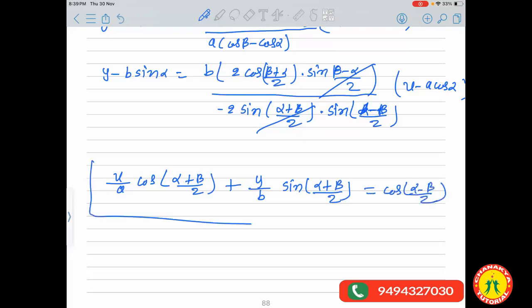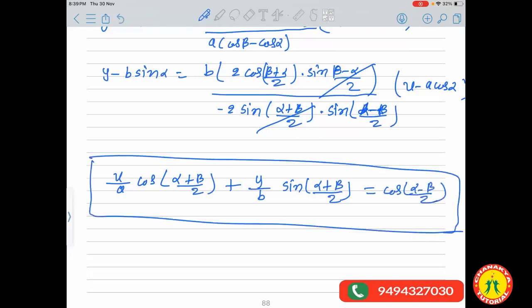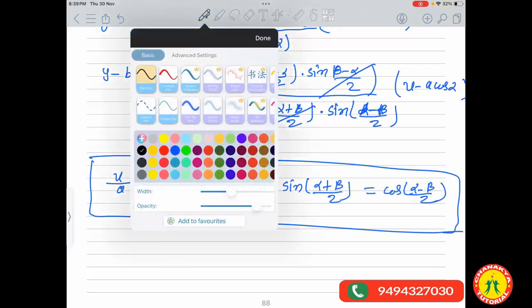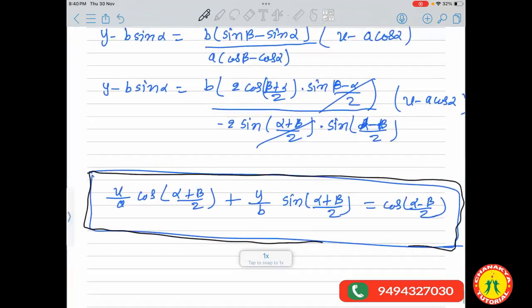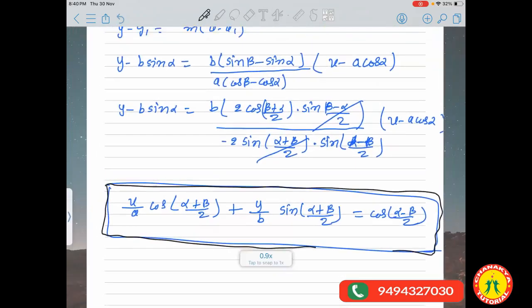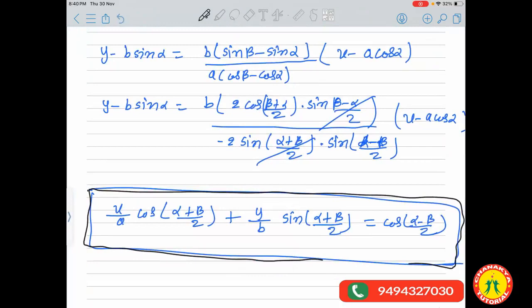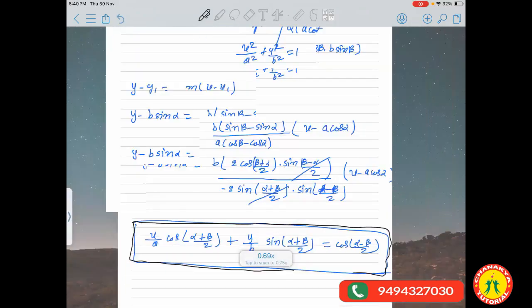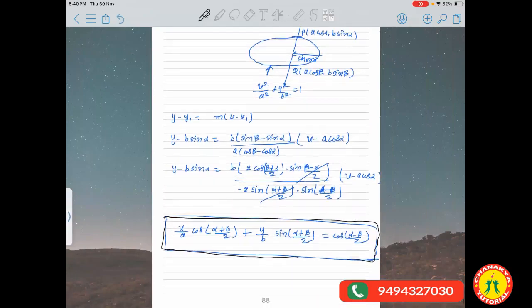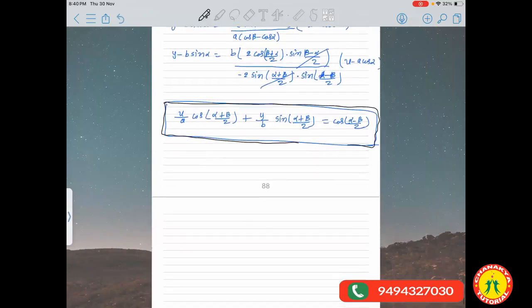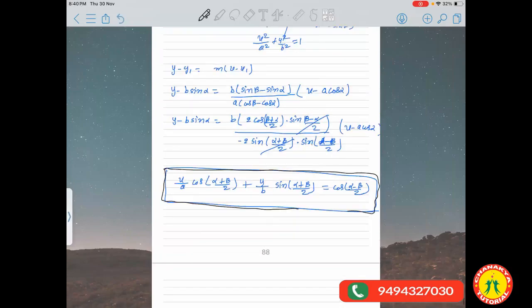So we need to remember this formula for the equation of the chord joining points P and Q, where P is a cos alpha and b sin alpha. So you need to remember this formula. Okay: x by a cos of (alpha plus beta) by 2 plus y by b sin of (alpha plus beta) by 2 equal to cos of (alpha minus beta) by 2, the equation of chord joining points P and Q. So got it, equation of chord joining.